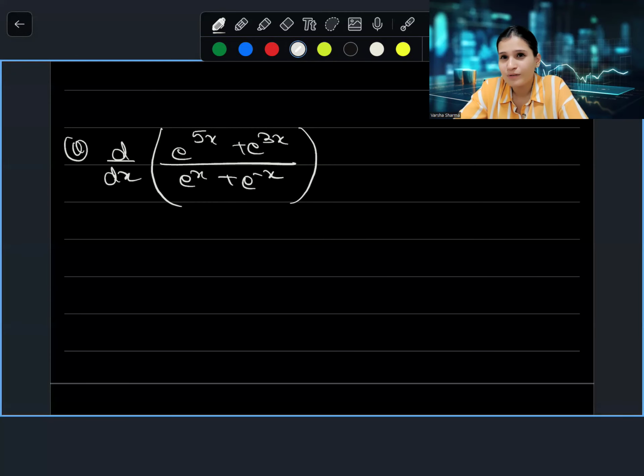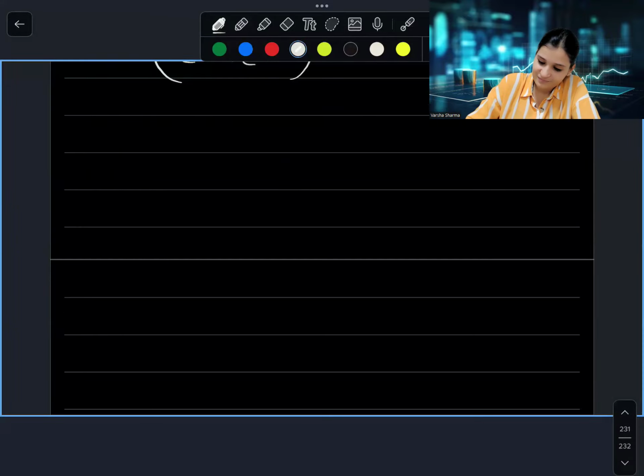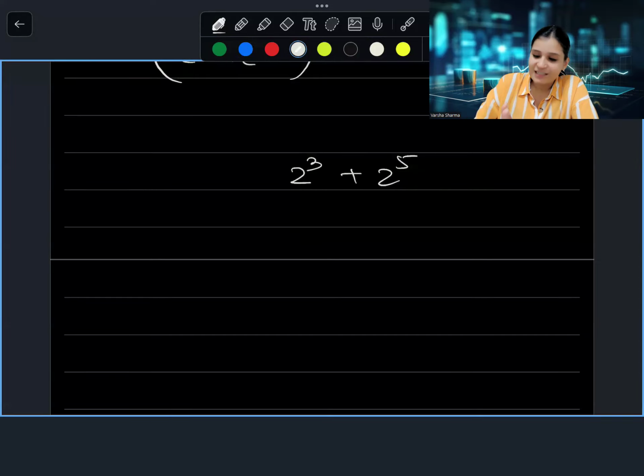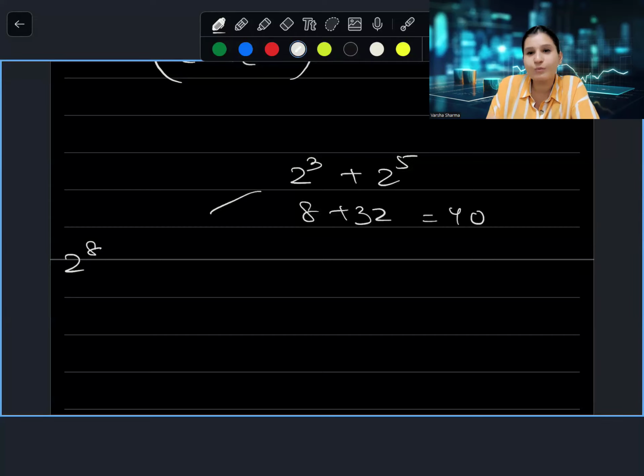How? A power m plus a power n equal to a power m into n. Or else we can do 2 power 3 like, one sec. What's the formula to use here? This is 8 plus 32, 40, the actual answer. Can I write this as 2 power 8?